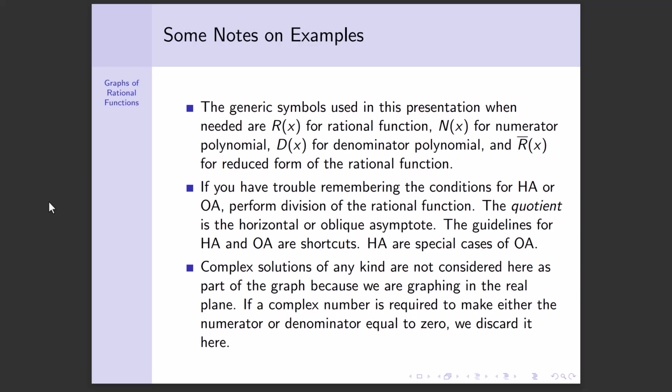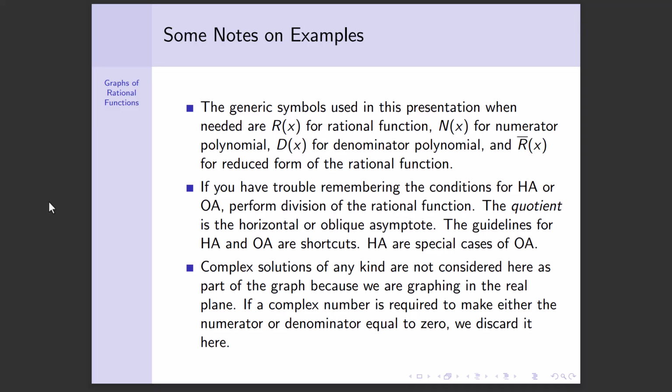If you have trouble remembering the conditions for horizontal asymptote or oblique asymptote, go ahead and perform division of the rational function. The quotient will be the horizontal or the oblique asymptote. The guidelines that are presented here for horizontal and oblique asymptotes are simply shortcuts that result from this division.